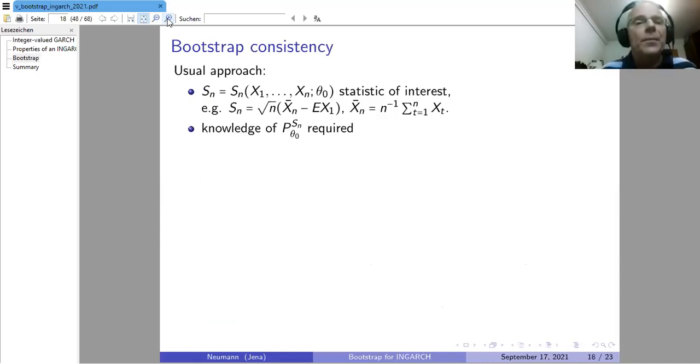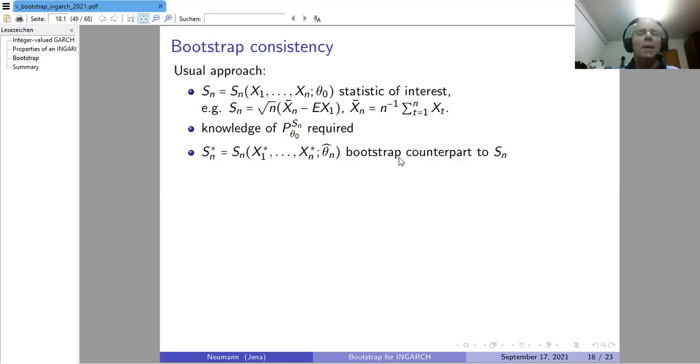So the dominating approach in the literature is that we have some statistic of interest in mind, which I denote by Sn, for example the normalized sample mean here. And for some reason, knowledge of the distribution of this statistic under P theta 0 is required. Then we construct a bootstrap counterpart of this statistic.